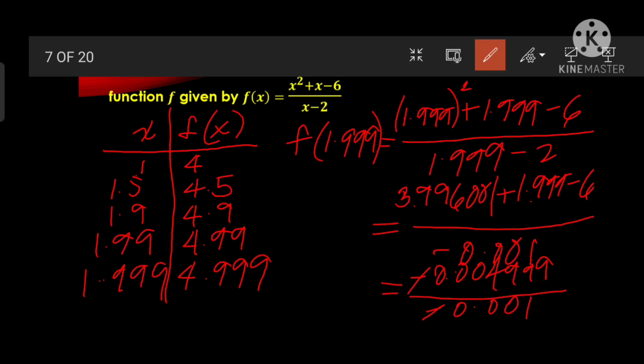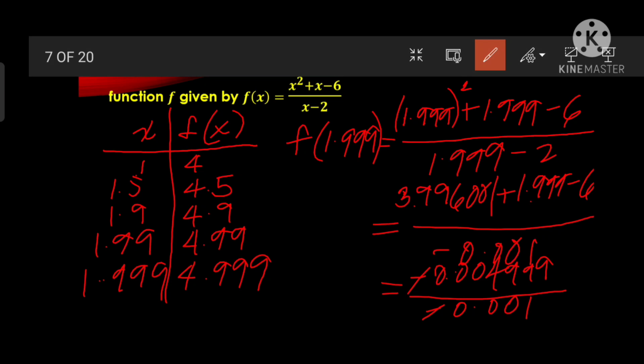Okay, so I think with these values, we can now observe what y value the number approaches as we assign values of x closer and closer to 2, and the value approaches 5 if we round off 4.999. So the value approaches 5.